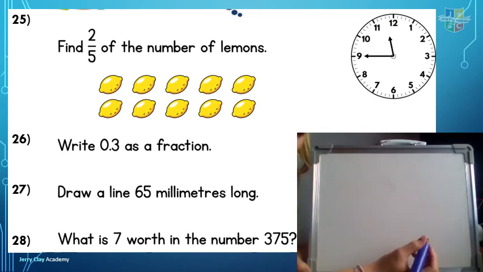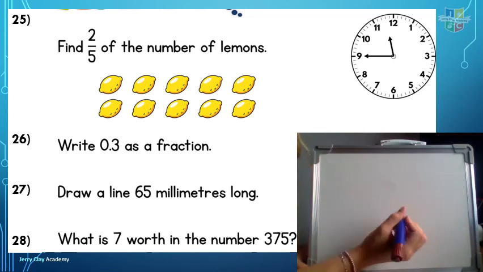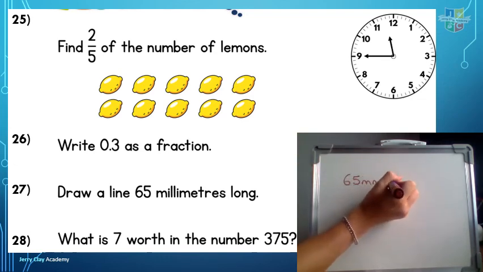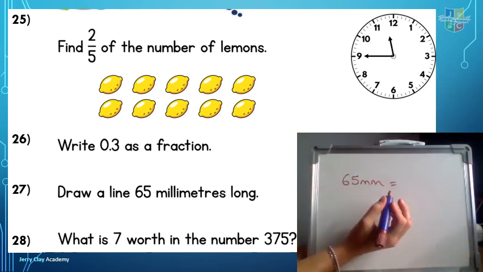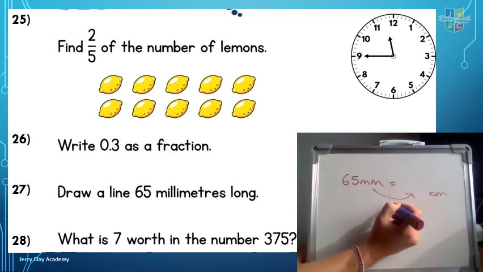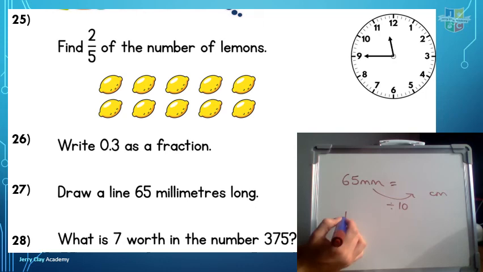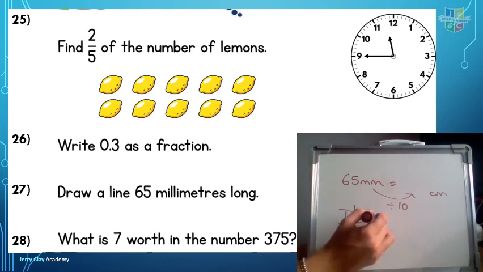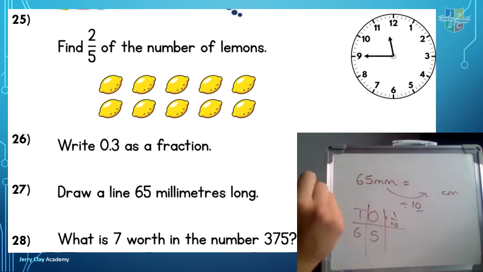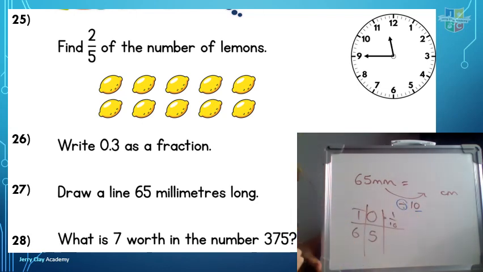Then for the line, you should have drawn a line that was 65 millimeters long, or if you couldn't do that, you should have said that to get from millimeters to centimeters, we divide by 10. If you had done your place value columns and written in 65, remember, if we're dividing by 10, it moves one place to the right because it's getting smaller because we're dividing.